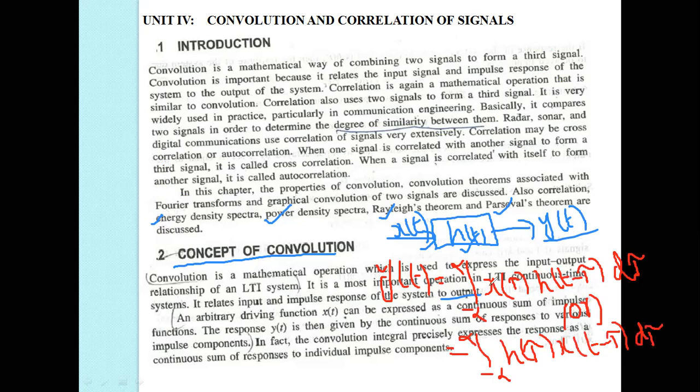We can interchange x and h because it obeys the commutative property. What is a commutative property? It says that AB is equal to BA.